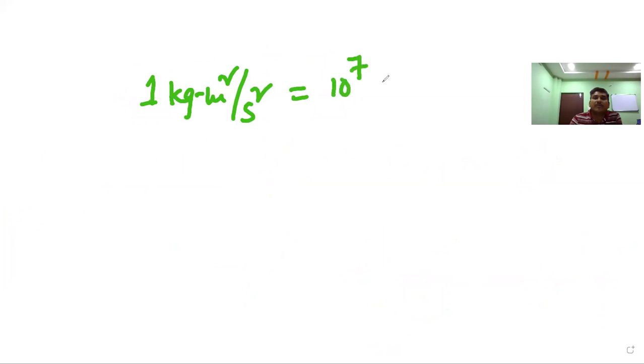Okay. Now, after conversion, 1 kg meter square per second square, the unit of work, is converted into 10 to the power of 7 gram centimeter square per second square.